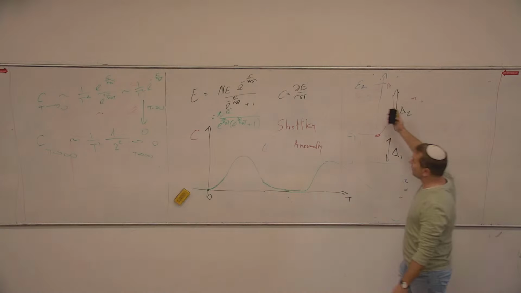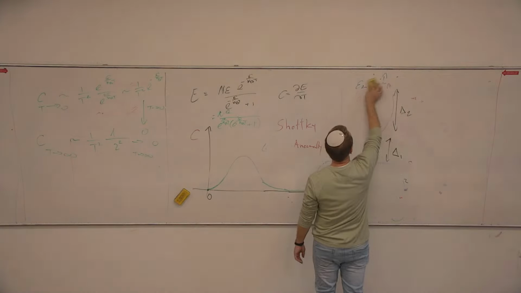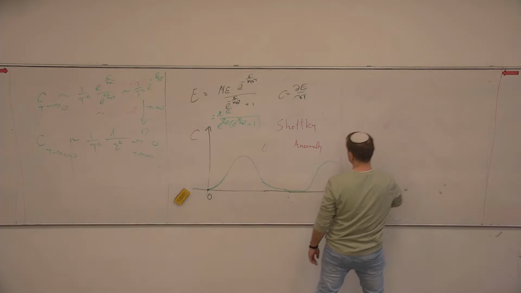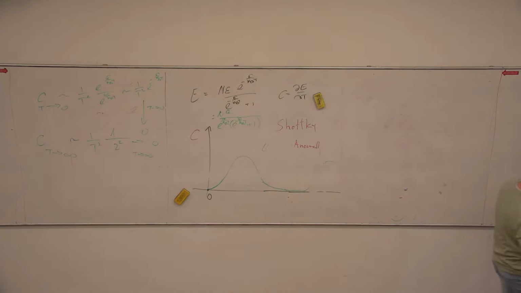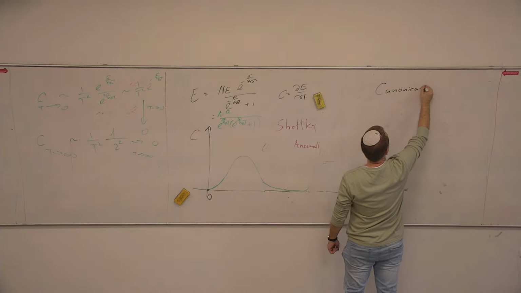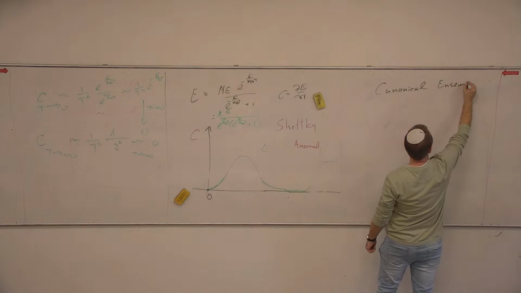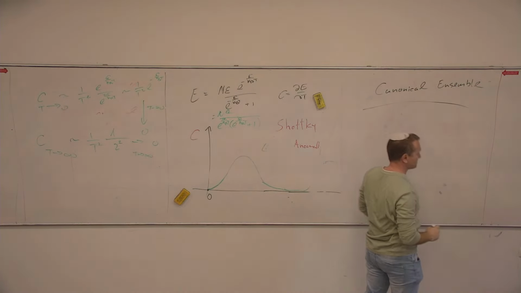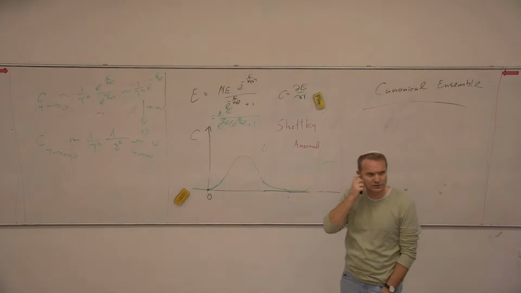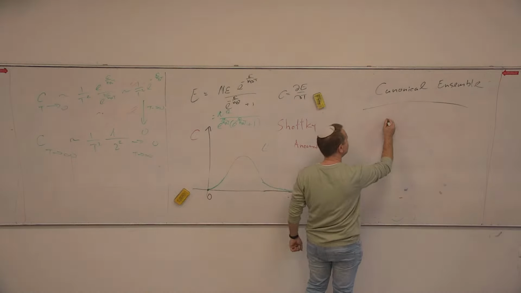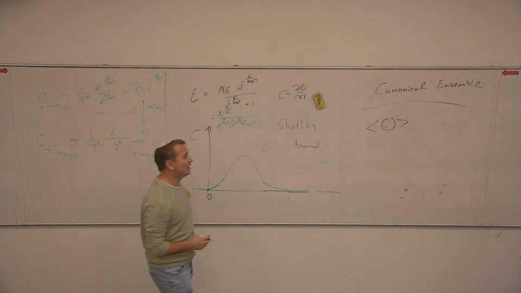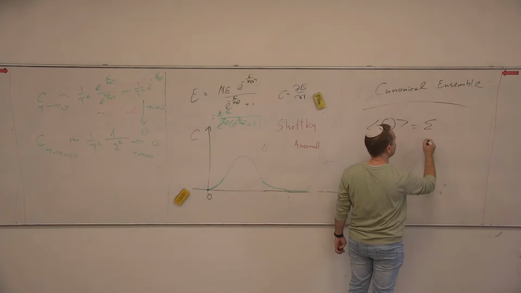So we are going to our next ensemble, which has a very nice name, the canonical ensemble. The line of thought that I tried to convince you of is this: if I have an observable and I want to compute its expectation value or its average, I have to sum up.